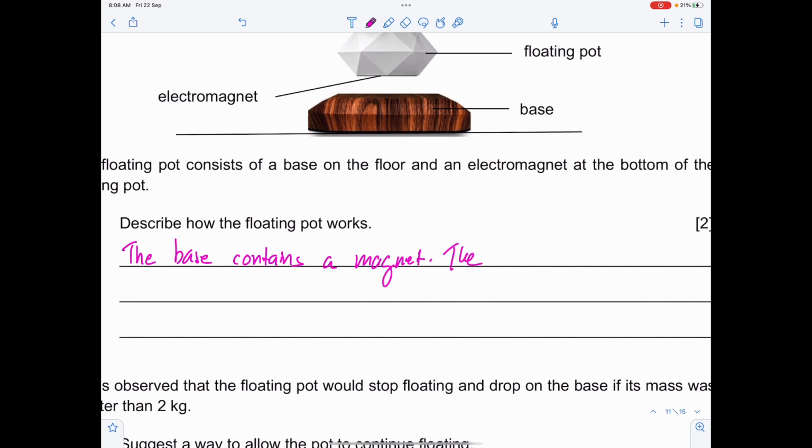The like poles of the magnet at the base and the electromagnet in the floating pot are facing each other. This is important.